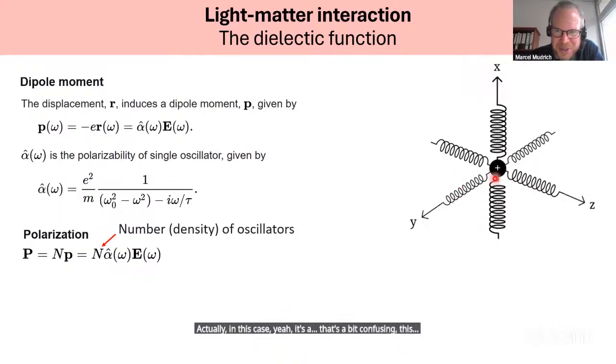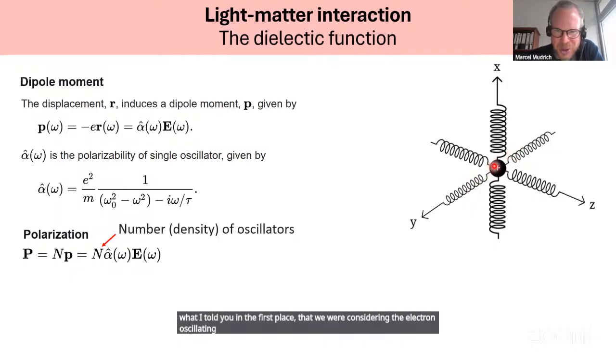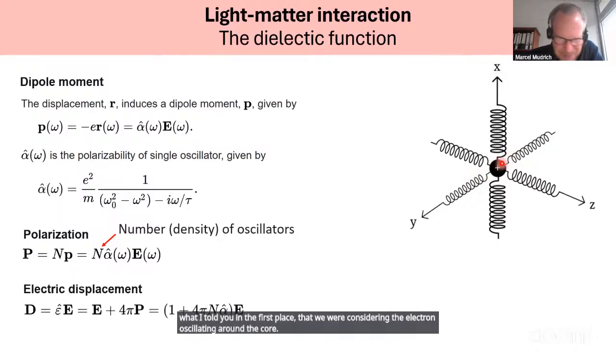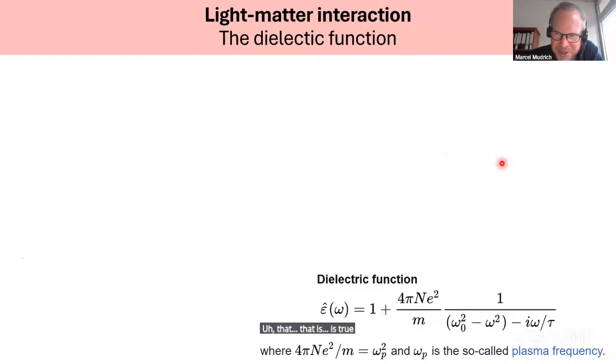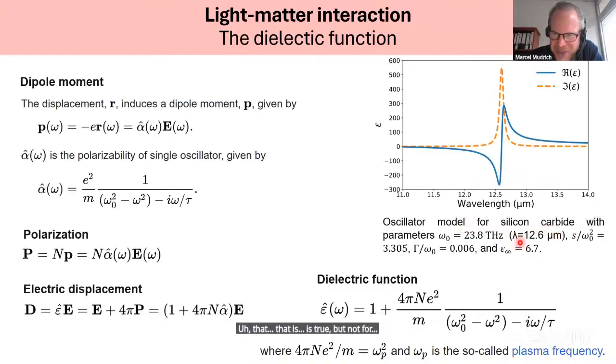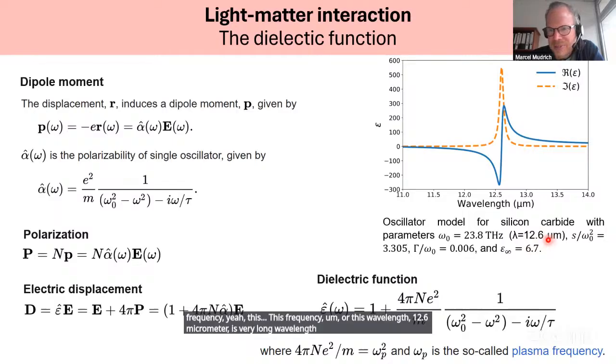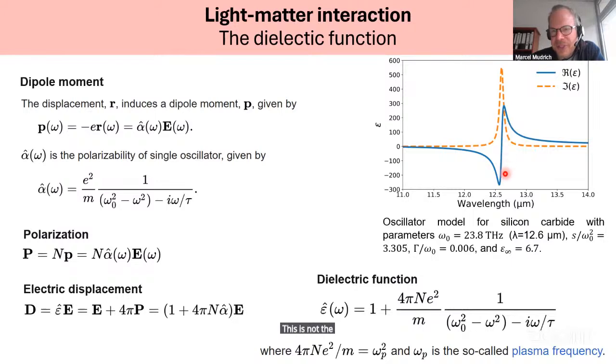That's what I told you in the first place, that we were considering the electron oscillating around the core. That is true, but not for this frequency. This wavelength, 12.6 micrometer, is a very long wavelength. It's a very slow vibration. This is not the electron that vibrates here.